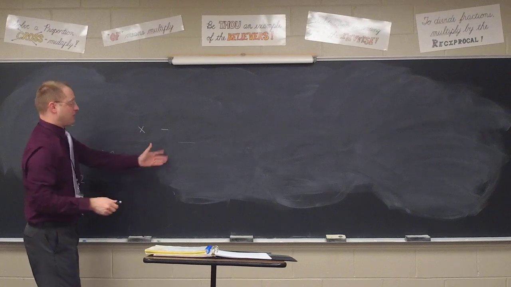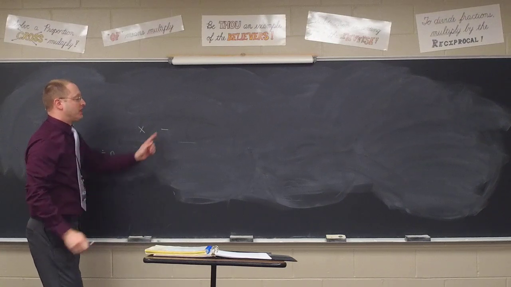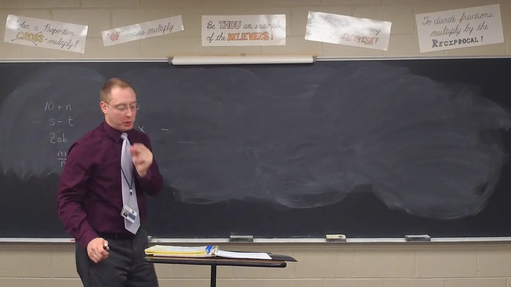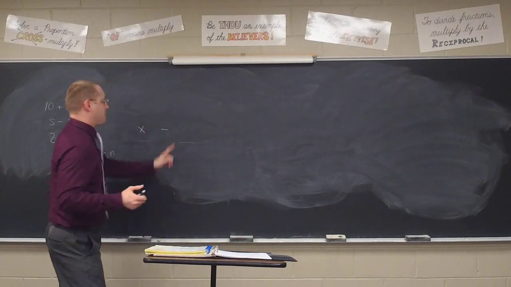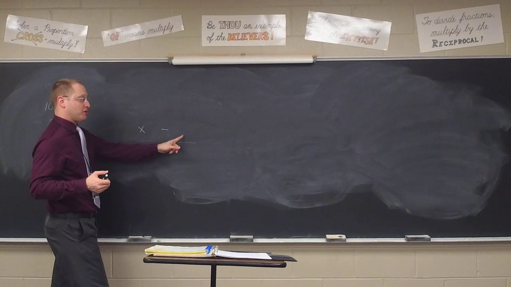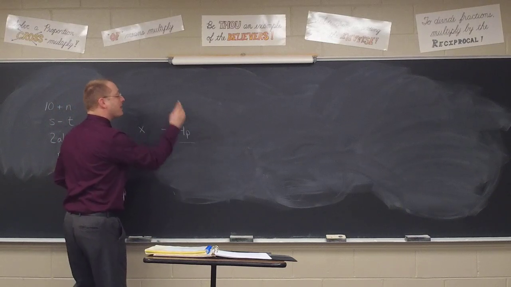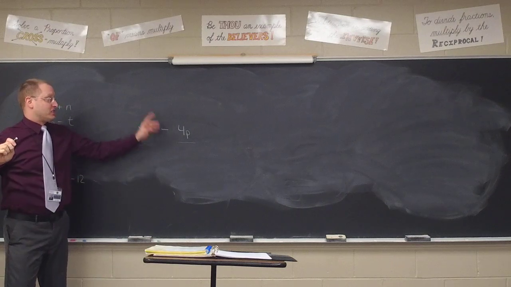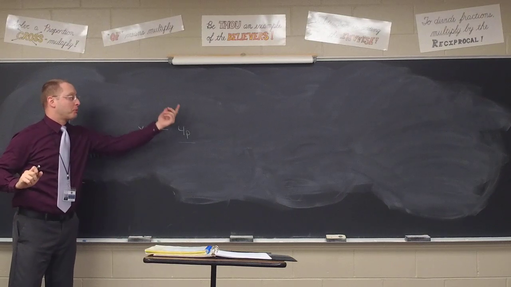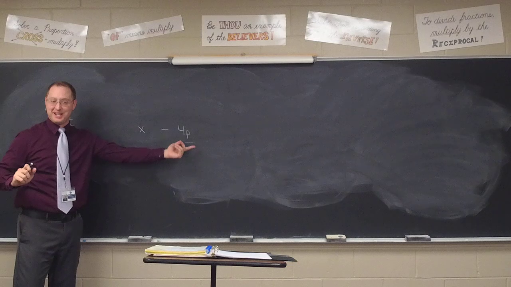It says the difference of x and, but they don't just give me one thing. They say the product of 4 and p. What does product mean? Multiply. So I need to show 4 and p being multiplied in the second part of the subtraction problem, class. 4p. Did anyone have x minus 4p? That was a hard one. The difference of x and the product of 4 and p.